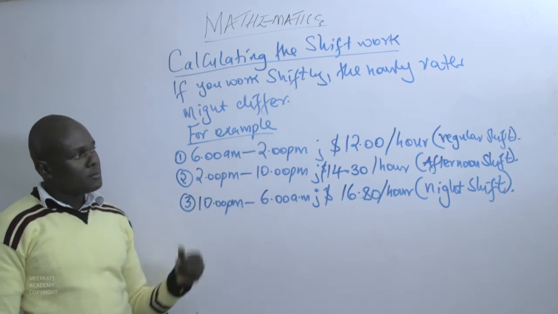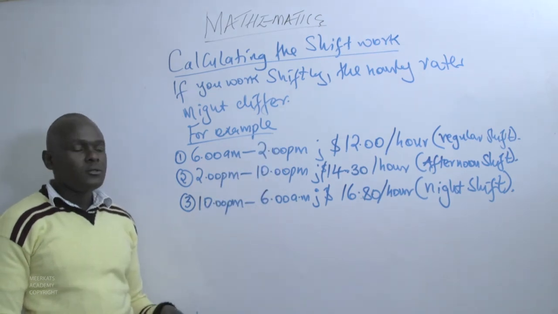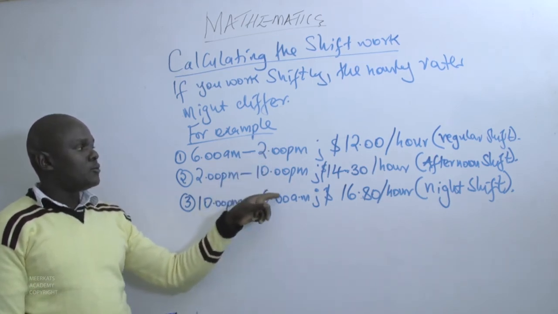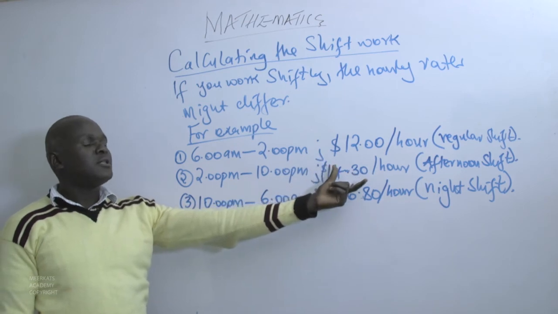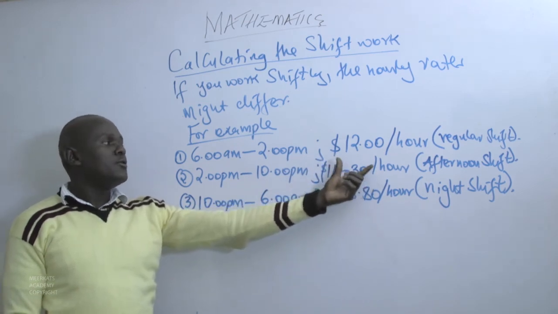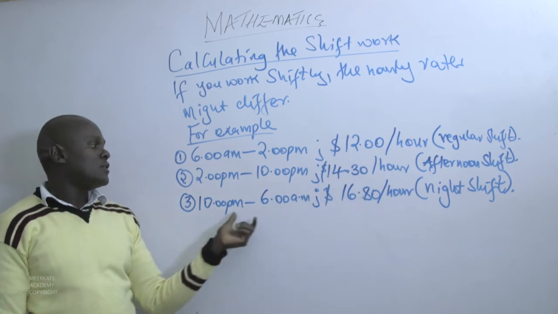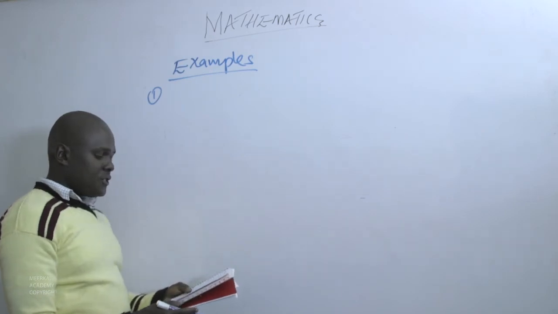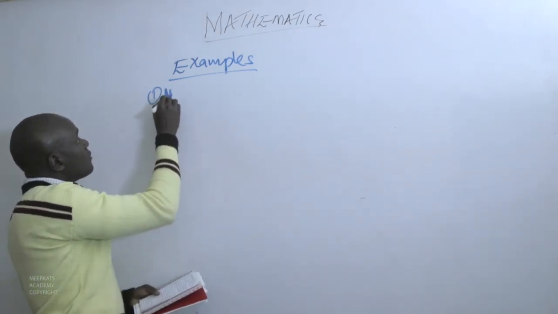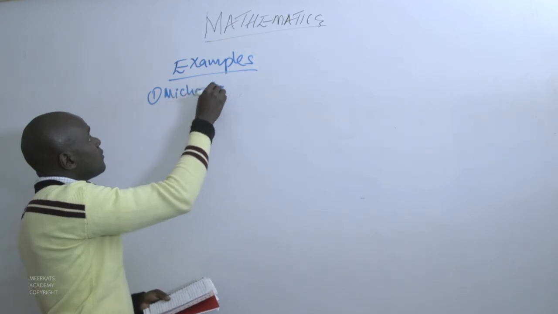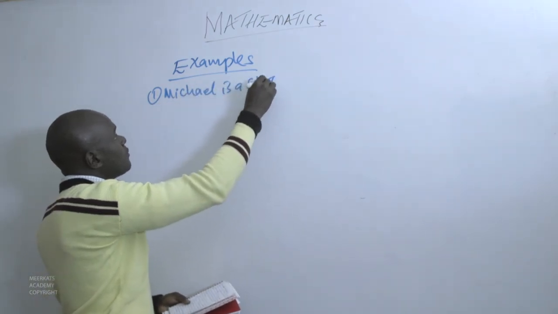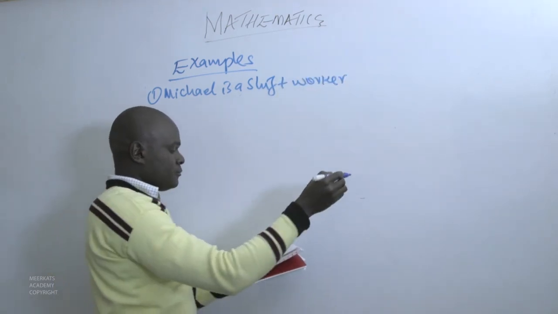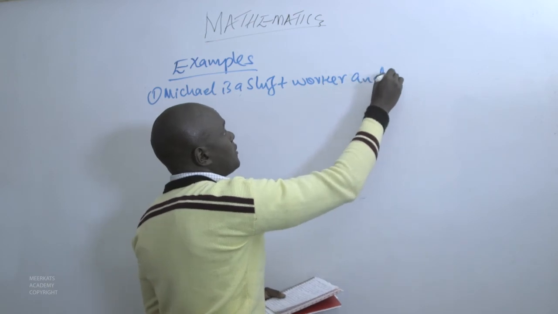Maybe to illustrate this, I would want us to look at an example so that we are able to look at these different rates in the various shifts vis-a-vis the shifts themselves.